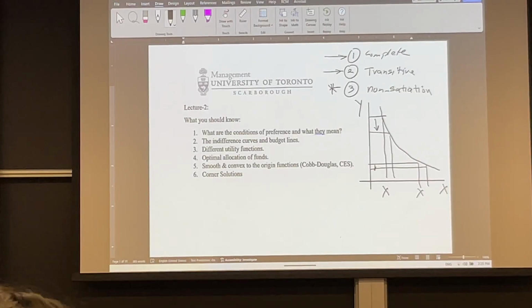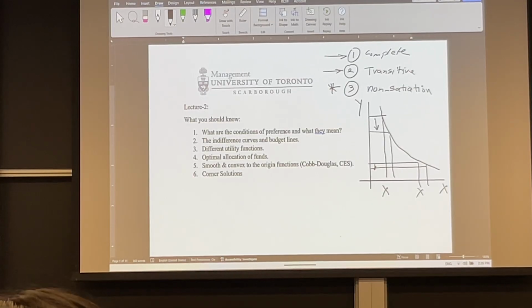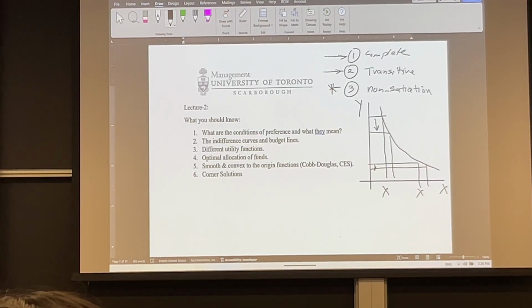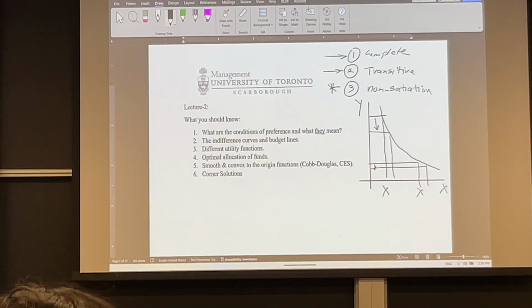The more you have, the less you like it, the less you give up for it. Thus, convex smooth to the origin, which follows diminishing marginal satisfaction. It's typical, not required. It's typical. A typical indifference curve is convex smooth to the origin due to diminishing marginal satisfaction. Right?